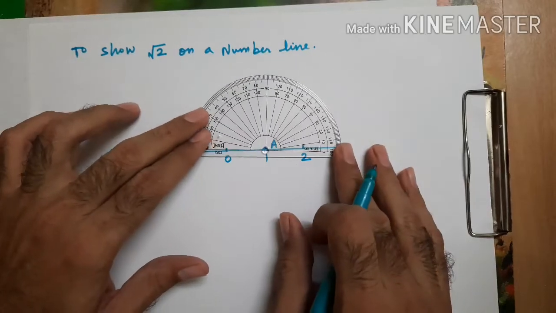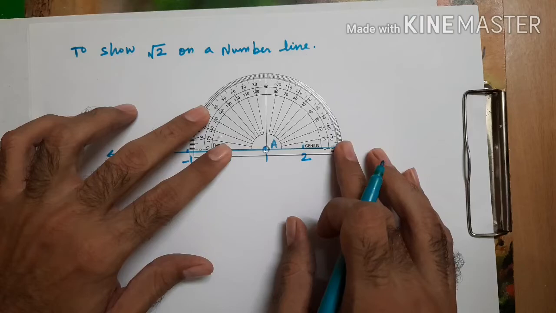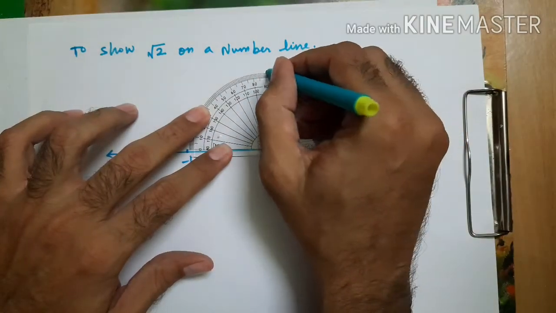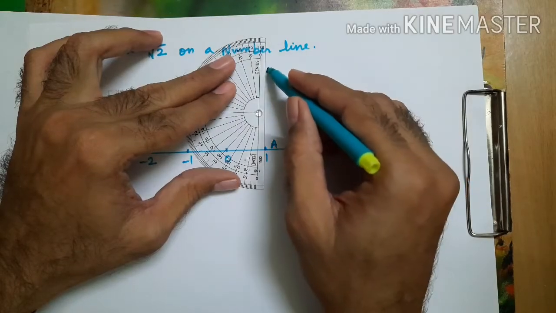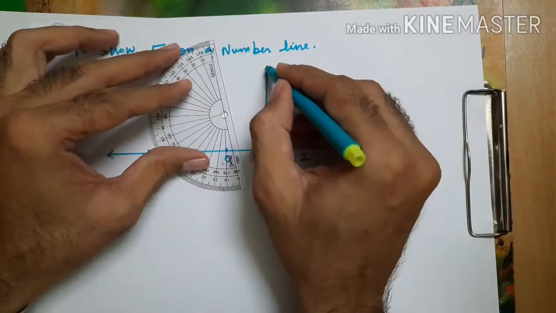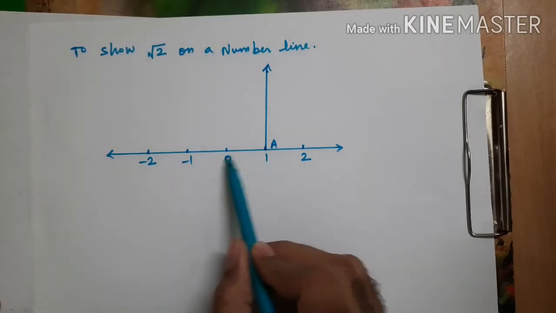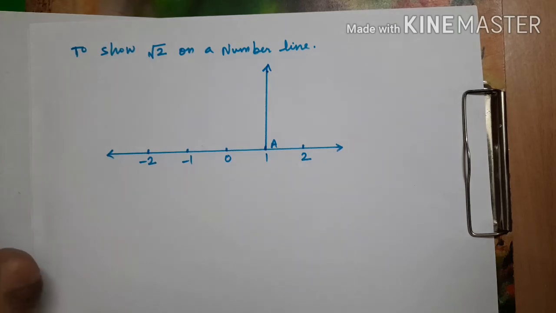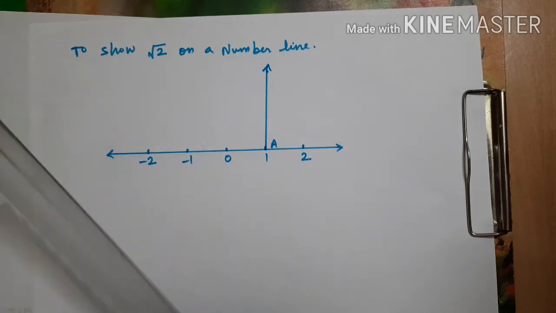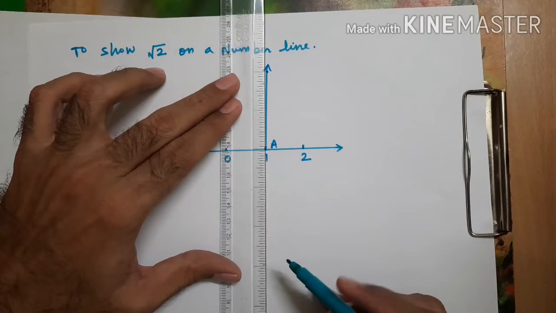Now let's draw a perpendicular line at point A. Now the distance between 0 to 1 is 1 unit. Now again with the scale or compass you will plot a point on this line.